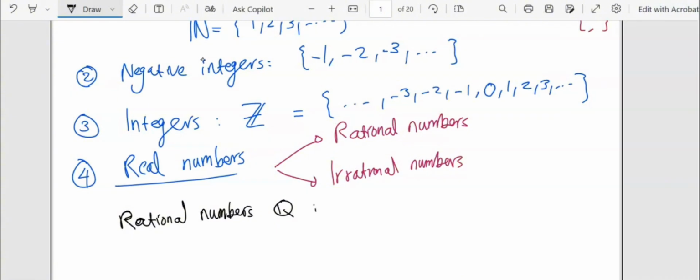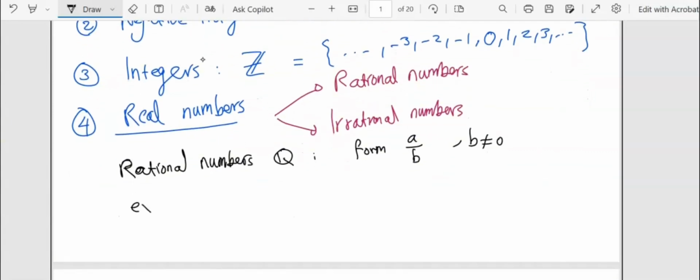Rational numbers are the numbers that can be in the form a over b, where b is not equal to 0, because in mathematics we don't divide by 0.